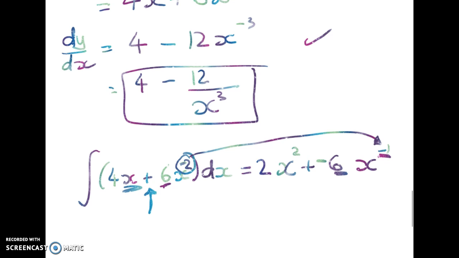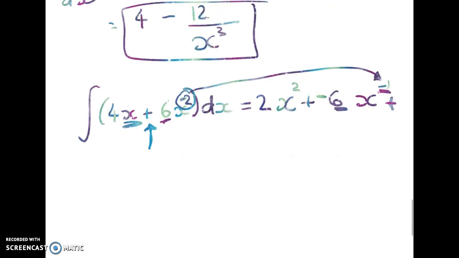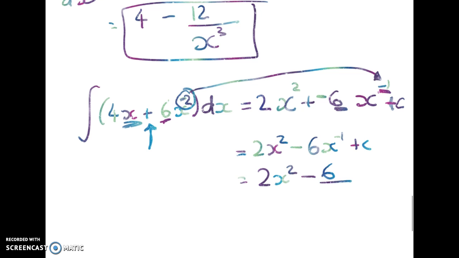So this has got to have a multiplier of negative 1. And I also have to add on the constant of integration, plus c. So cleaning this up, we get 2x squared minus 6x to the negative 1 plus c, which is 2x squared minus 6 over x plus c.